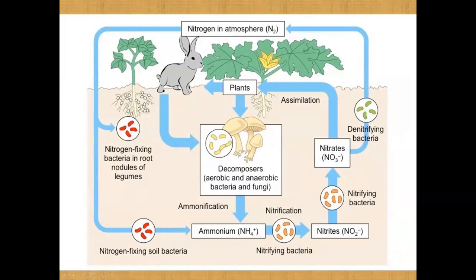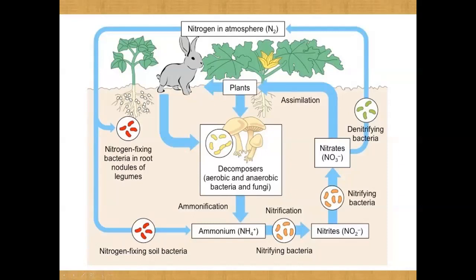Nitrogen fixing bacteria use enzymes to release or excrete ammonium. This ammonium is then converted by nitrifying bacteria into nitrate. And nitrate is the most plant available form of nitrogen.